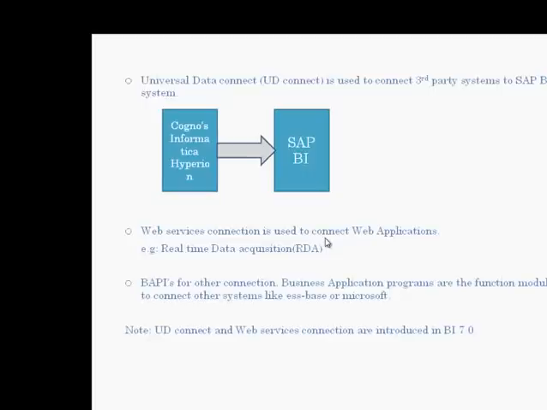And sometimes they have the data in flat files, like Excel and .csv files. If they have Excel files, you have to change them to .csv files and load the data to the BI system. Those activities you need to do as well.